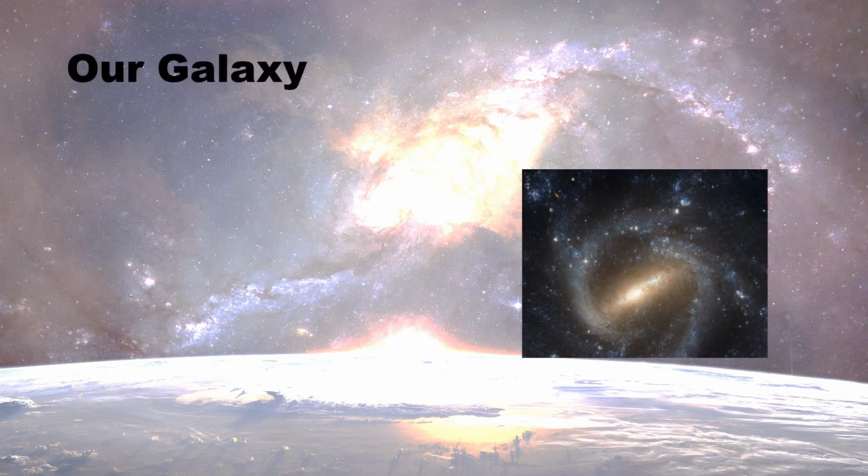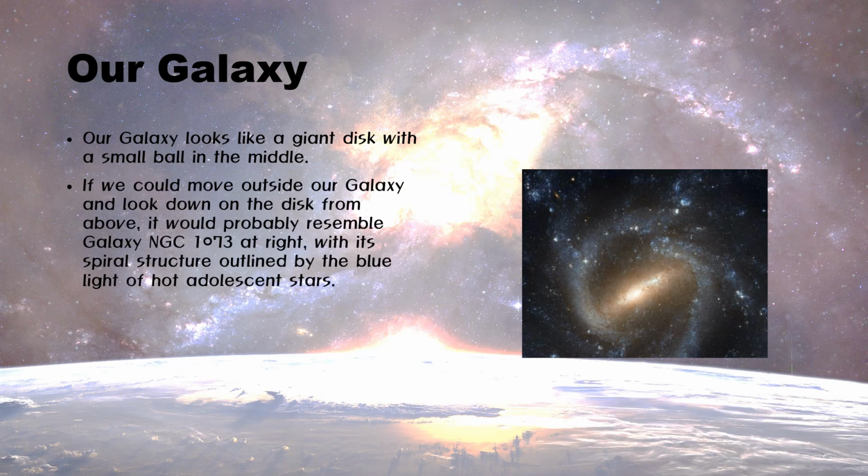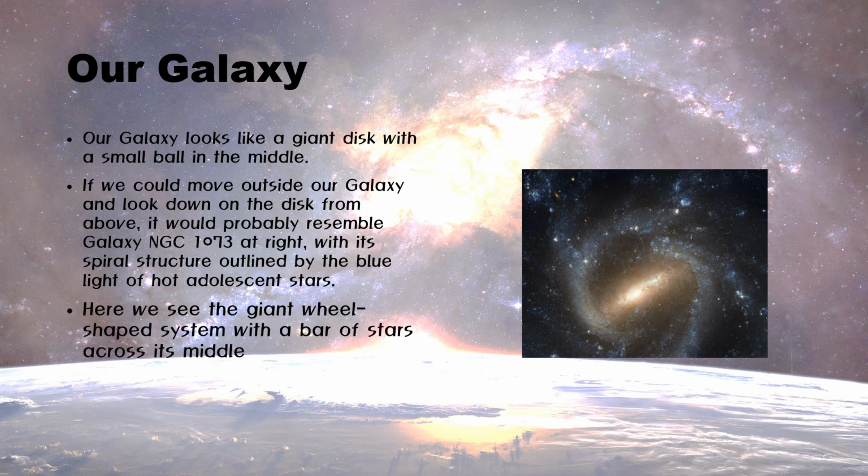So let's look at that galaxy for a second. Our galaxy looks effectively like a giant disk with a small ball in the middle. If we could move outside our galaxy for a minute and look down on it, it would probably resemble galaxy NGC 1073, as shown at right, with this spiral structure outlined by the light of hot adolescent stars.